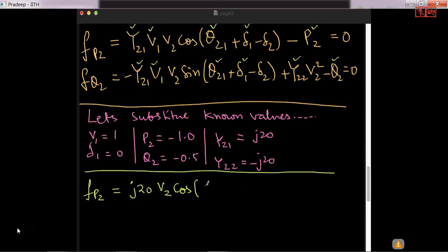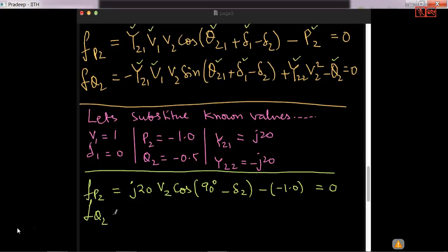Theta 21 is 90 degrees. So 90 degrees plus delta 1 is 0 minus delta 2 minus P2. So P2 itself is minus 1. So minus of minus 1.0. So this is the first function.